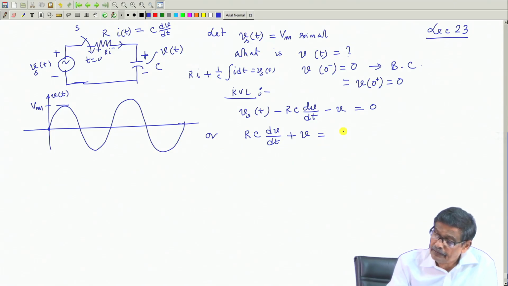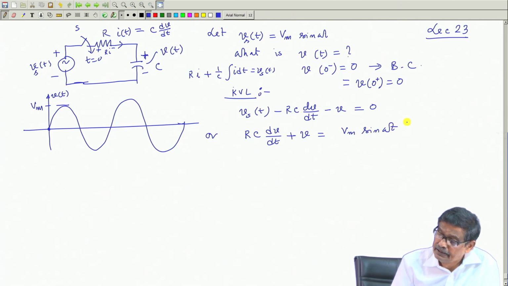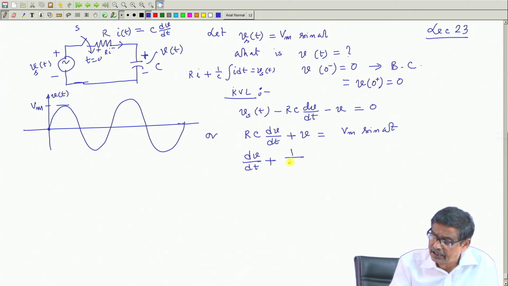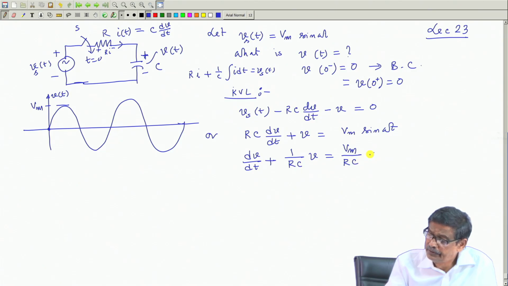Once this differential equation is written, I will go a bit faster. This is V m sin omega t, the forcing function. It is not absolutely necessary, but follow one method: first divide by R C and bring it to that form, V m by R C into sin of omega t.